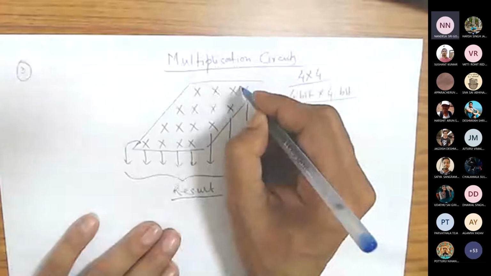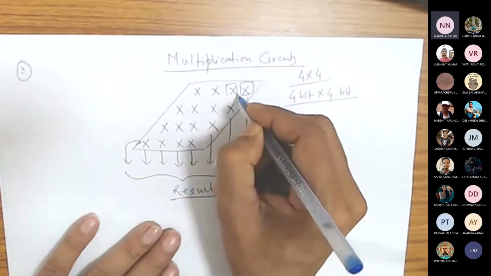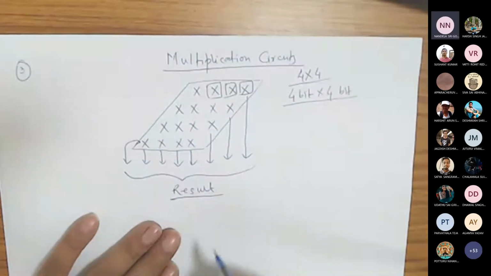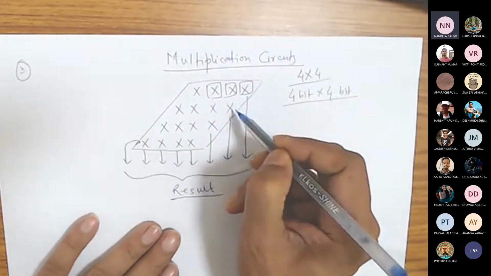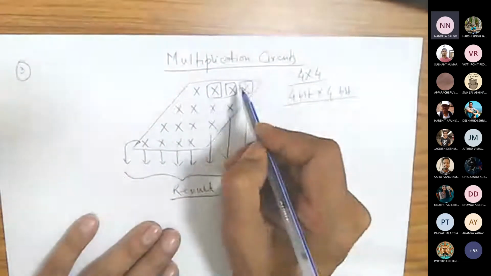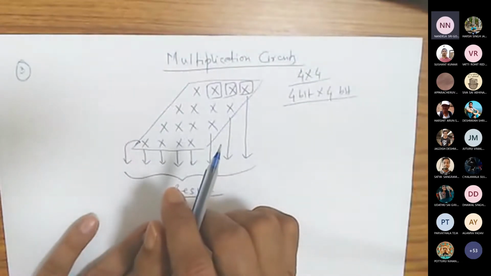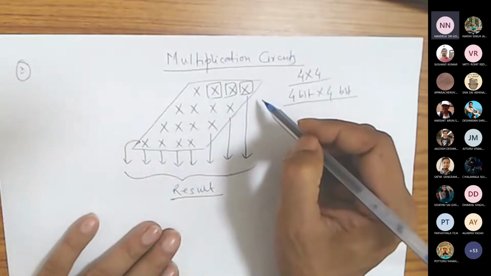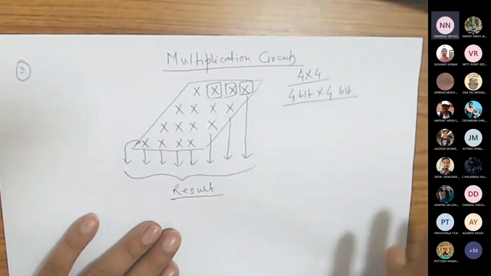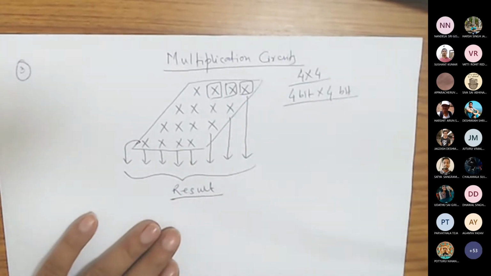Now you know what is going to happen here, and how this one will interact with the next block. So if you arrange these blocks properly in a 2-dimensional array fashion like this, you can generate a multiplier circuit. That is what basically is given in the book.